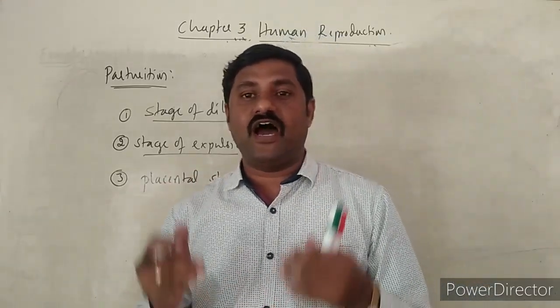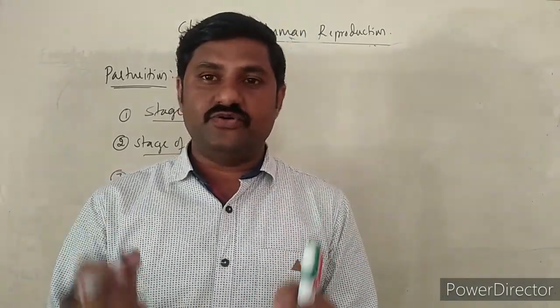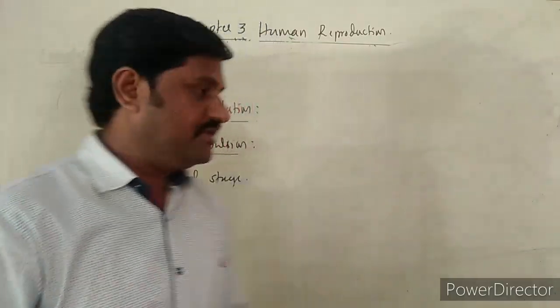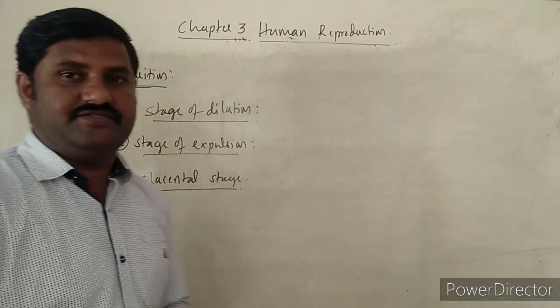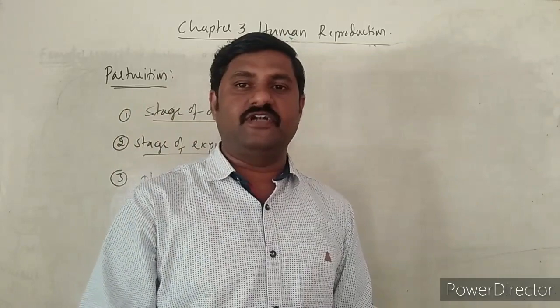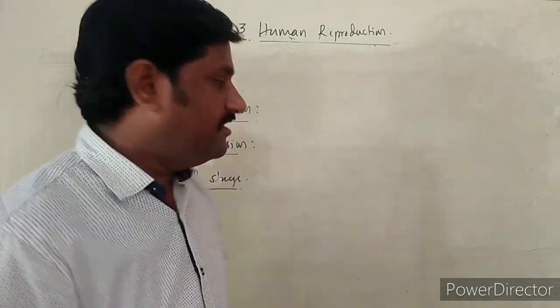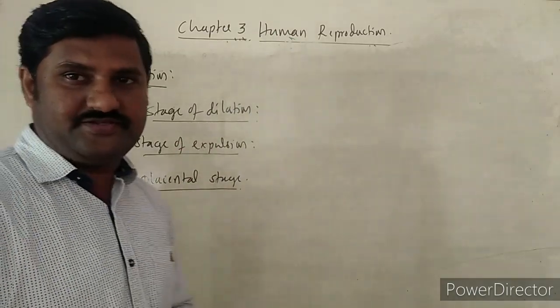The expulsion of the afterbirth takes place due to the contraction of the uterine muscles, and those labor pains are together called placental stage labor pains, right? So this way, in three stages, labor pains are felt by the mother, right? So these are the three phases or stages of the labor pains.